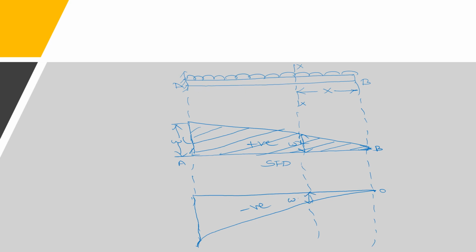This is wx square by 2, and at A portion we'll get the bending moment as wl square by 2. Here this one is negative, and this total bending moment is below the baseline. This is the shear force diagram and bending moment diagram for a cantilever beam with UDL condition.